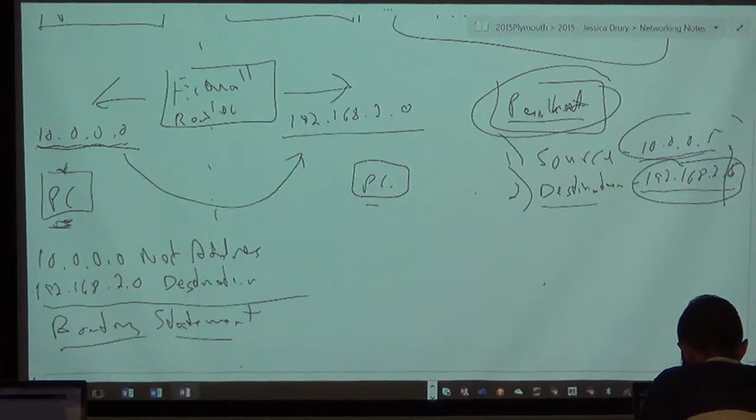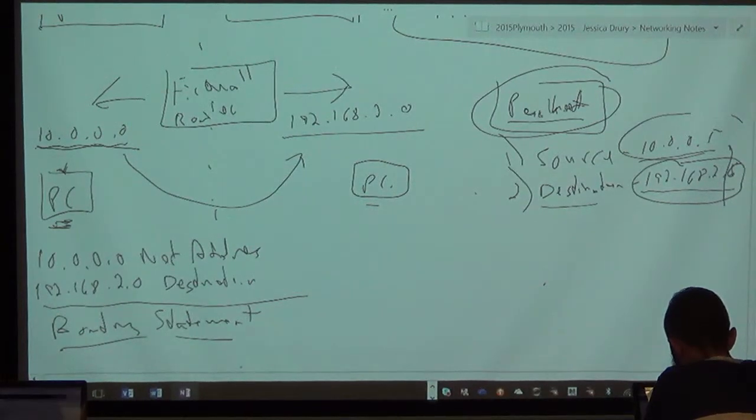Okay? The syntax is route space print, enter. We all did it in class on Tuesday. Route space print from the command prompt tells you what the routing table is on your computer. If you want to add a routing statement to it, the syntax is route space add. Route space add adds a routing statement.